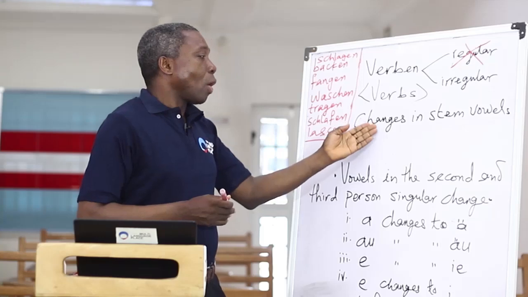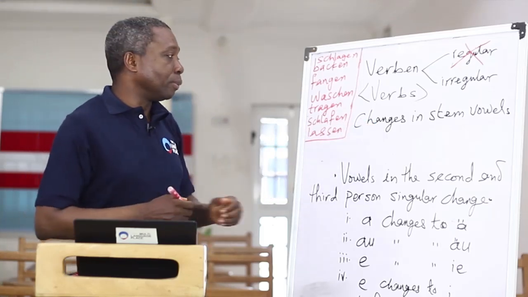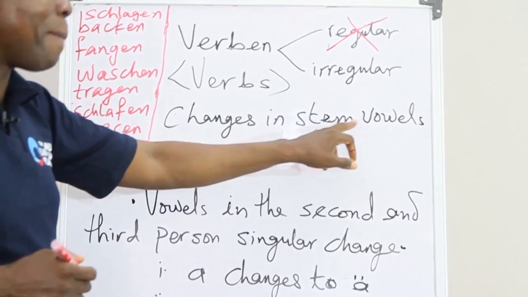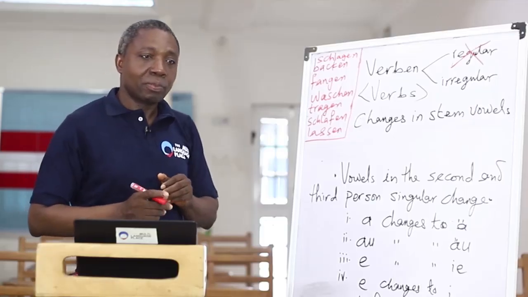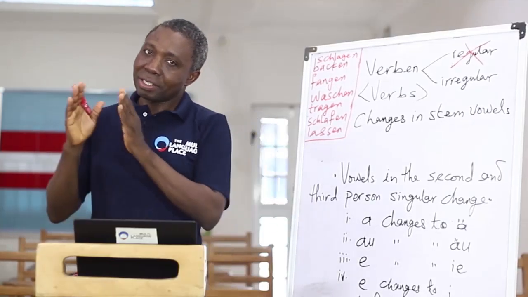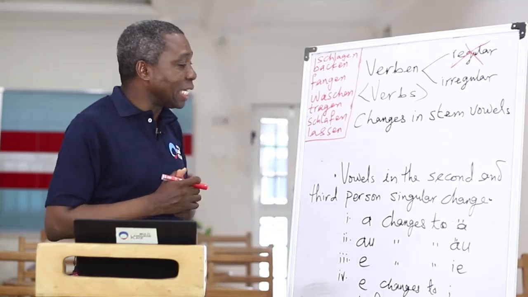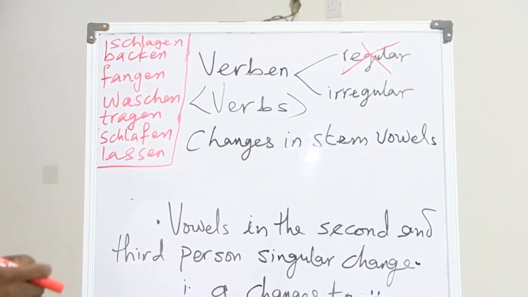Actually, when you want to conjugate irregular verbs, there will be changes in the stem vowels. Remember, there is the stem, there is the ending, and in the process of conjugating, there will be changes in the stem vowels.